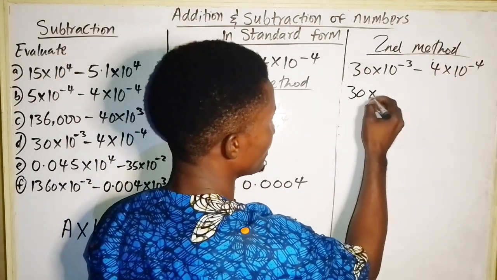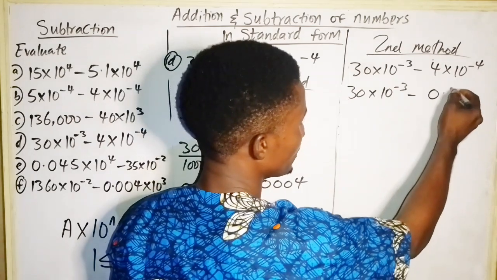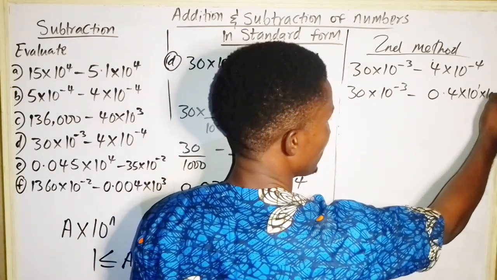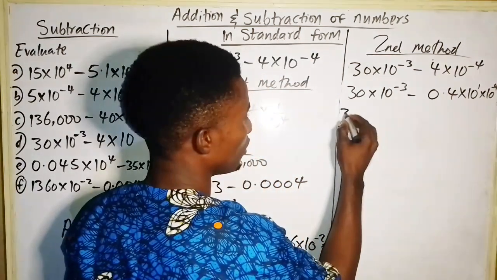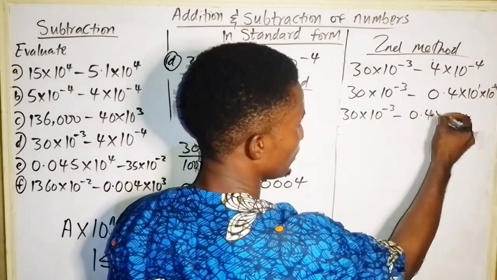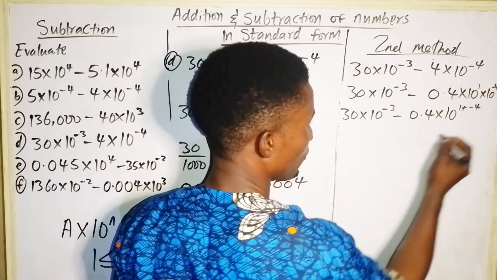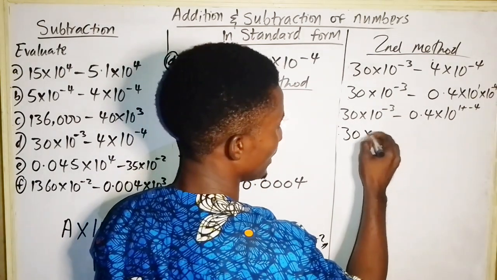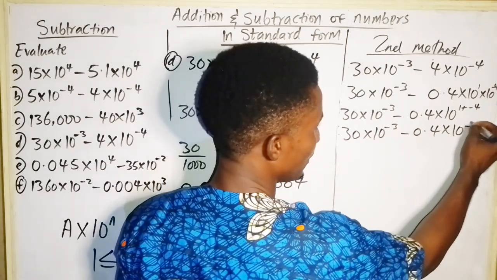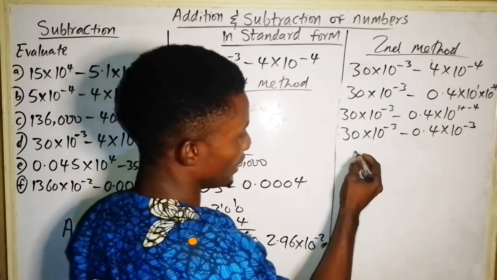So we have 30 times 10 raised to the power minus 3 minus 0.4 times 10 raised to the power 1 times 10 raised to the power minus 4. So I will have 30 times 10 raised to the power minus 3 minus 0.4 times 10 raised to the power 1 plus minus 4. So this will be 30 times 10 raised to the power minus 3 minus 0.4 times 10 raised to the power minus 3. Now I have the same base and exponent.